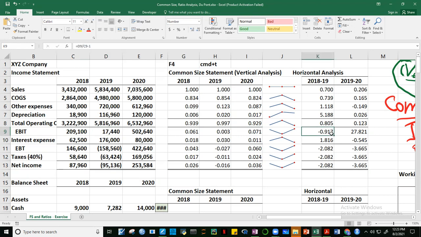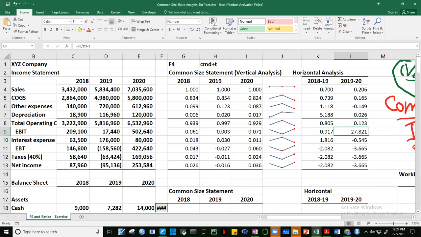Ang laki ng decrease. On the other hand, between 2019 and 2020, ano nangyari? So, take note, guys, kung paano ko ina-analyze. Anyway, naka-record naman to. Ilang percent increase ang EBIT natin between 2019 and 2020? How many percent increase?